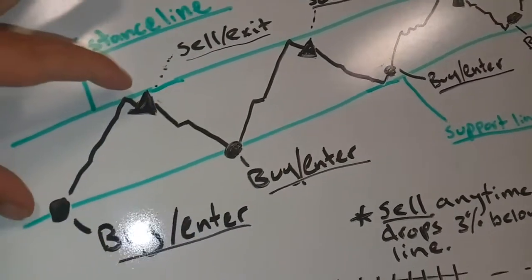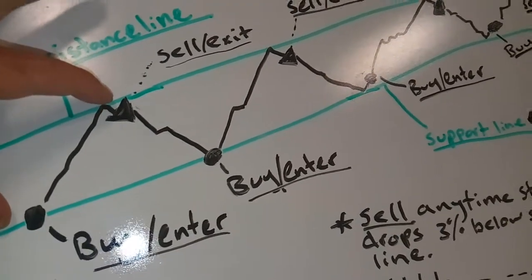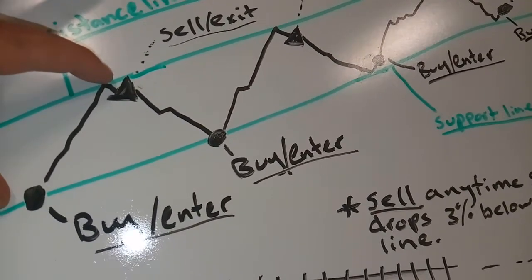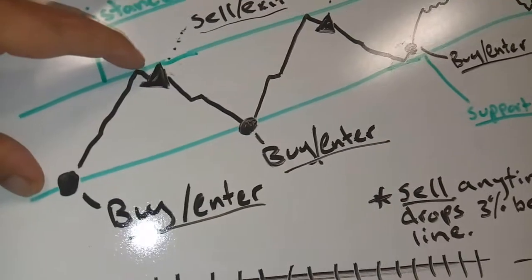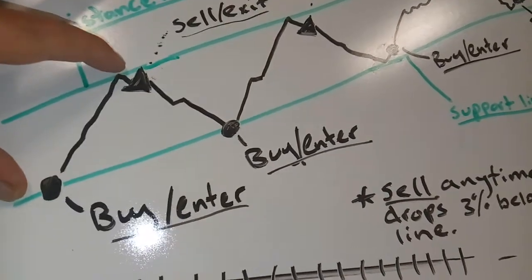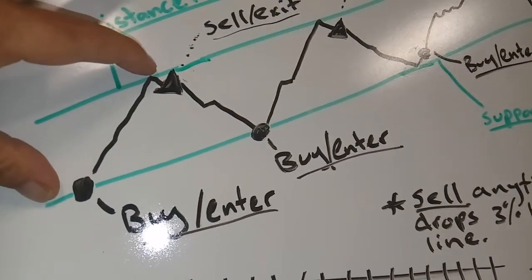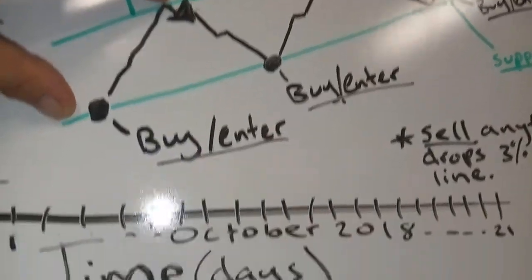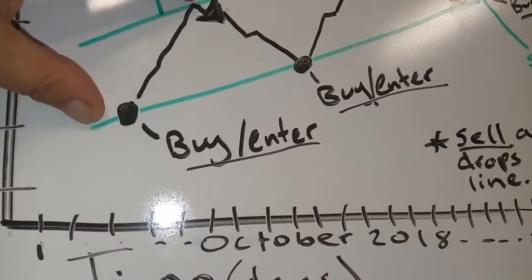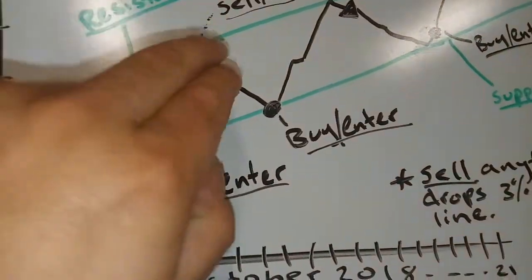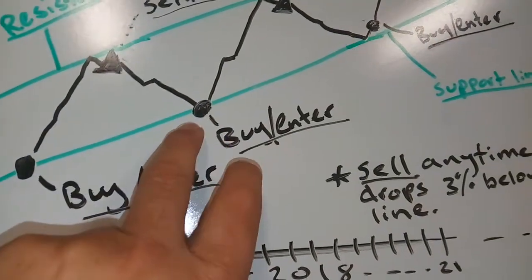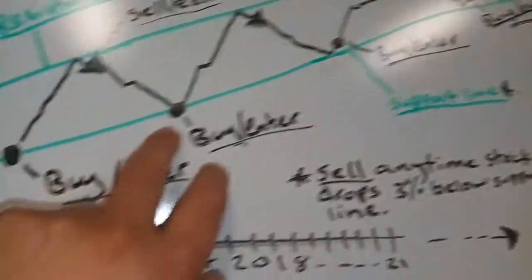That would be 5 to 10%. Let's just, for sake of simplicity, say 10%. So if you put in $1,000 and you rode this 10%, there'll be $100 right there, and then you would get out and wait for it to go back down to the support line.